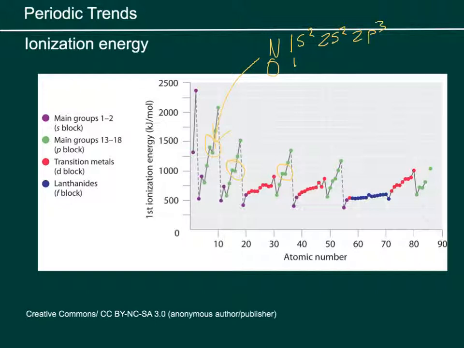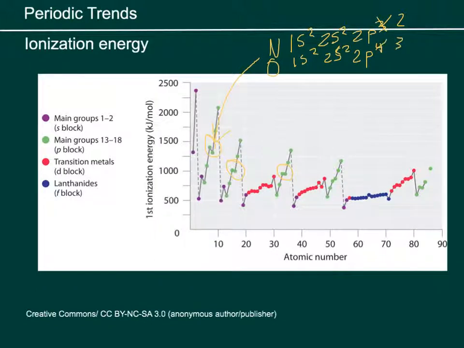And oxygen would be 1s2, 2s2, you could also do the noble gas core and just say helium, but it doesn't really matter at this point, 2p4 for oxygen. So to remove one electron from nitrogen, we are going to change that 2p3 down to 2p2. To take one away from oxygen, we would take the 4 and run it down to 3.